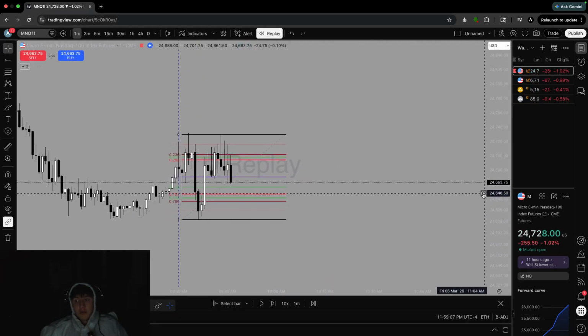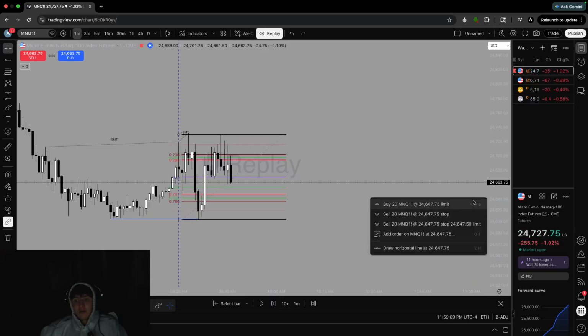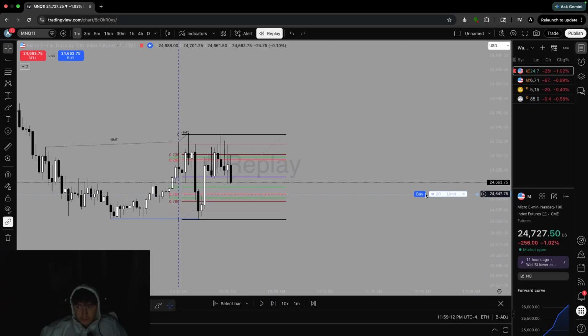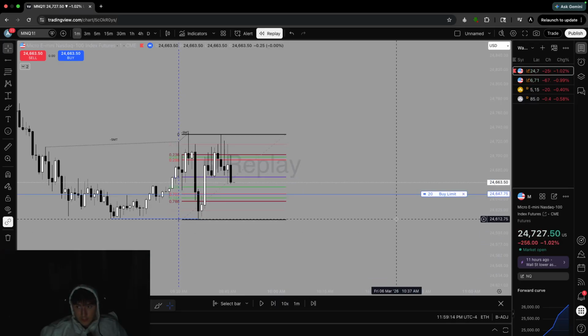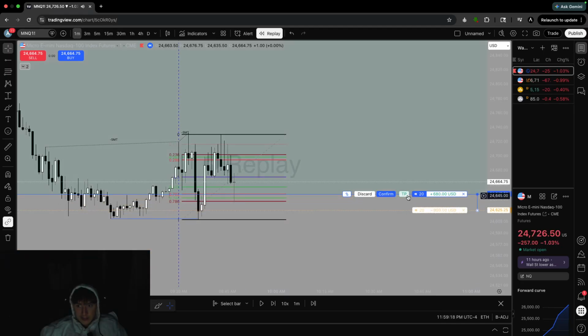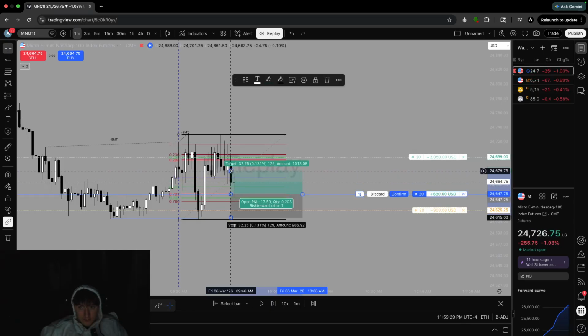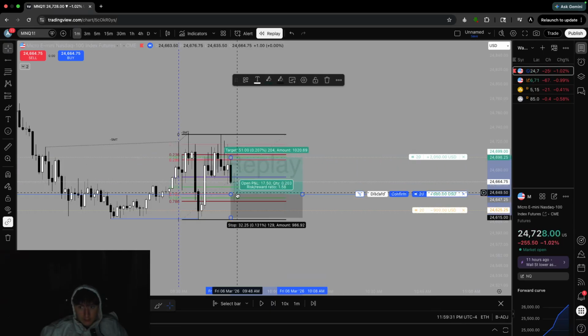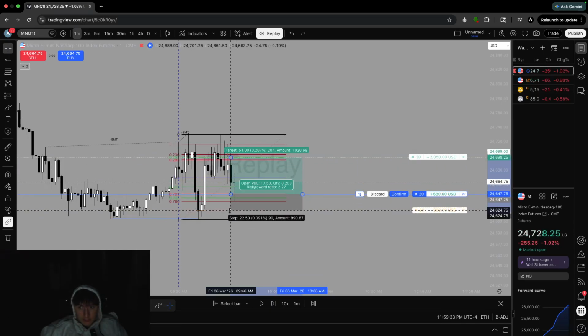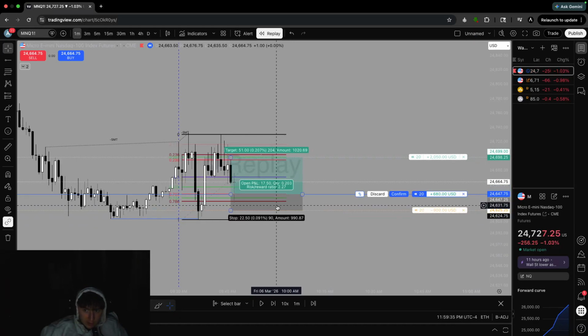Let's see how much better risk to reward we could get on that. Ooh, risk less than 1,000 to make 2,000. That's almost 2 RR. More than 2 R. Hmm, 2.2 R.